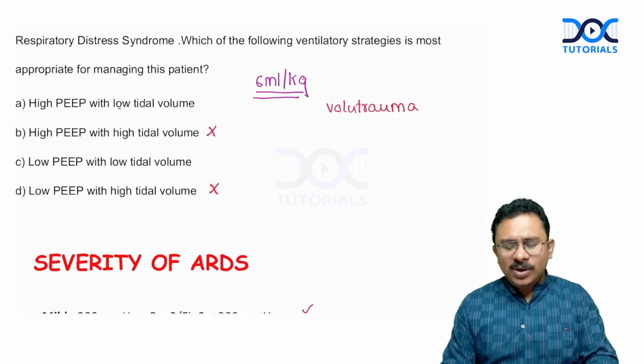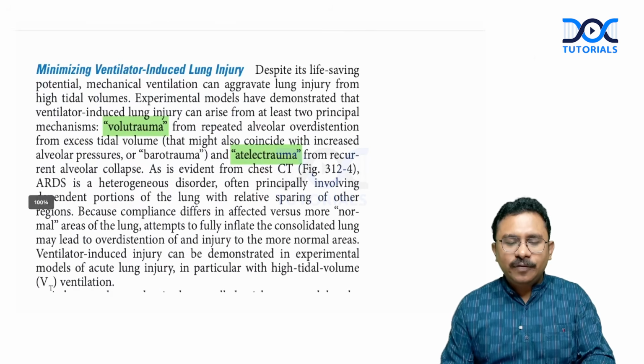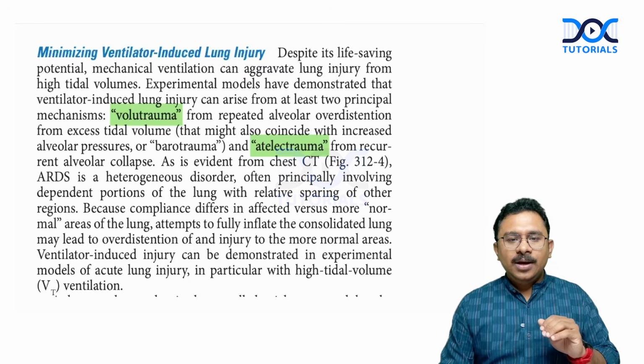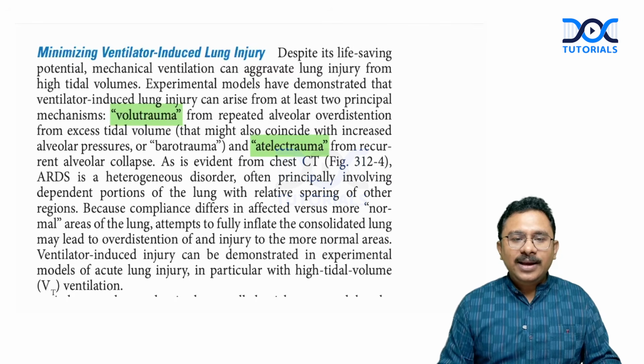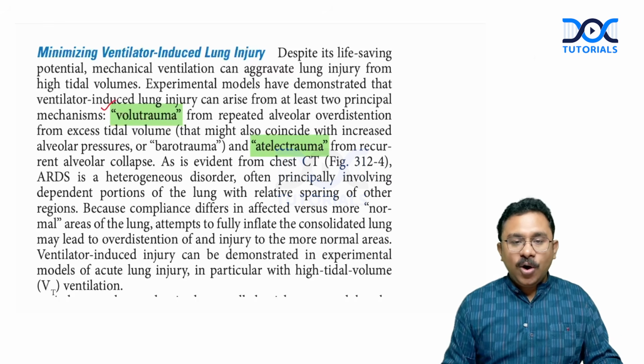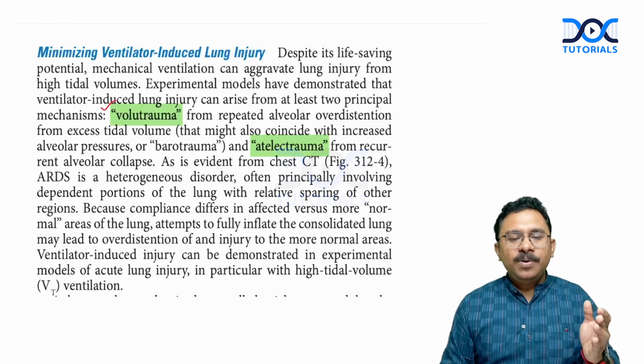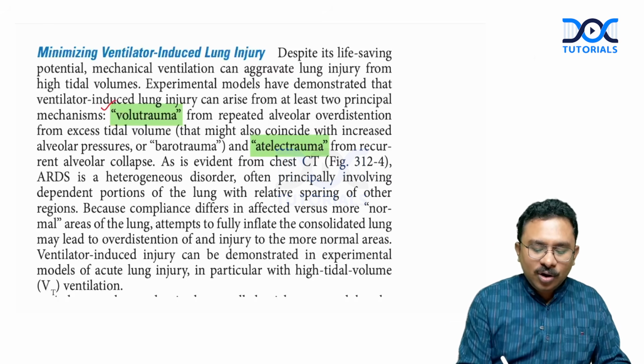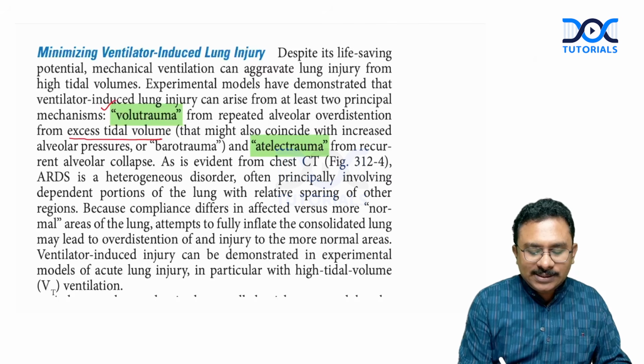Okay. So if you look at this screenshot from Harrison's textbook, you can see that in the ventilator strategies for the management of ARDS, you have to prevent, number one, volume trauma. And how do you prevent volume trauma? Low tidal volume ventilation, because volume trauma occurs from excess tidal volume.